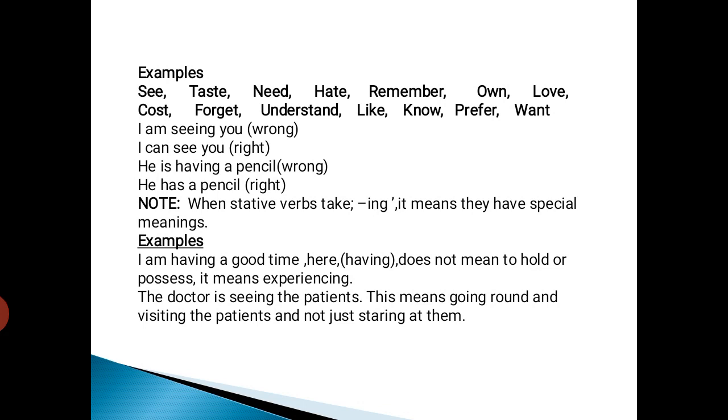It means experiencing. I am experiencing a good time. Another example, the doctor is seeing the patient. This means going round and visiting the patients, not just staring or looking at the patients.